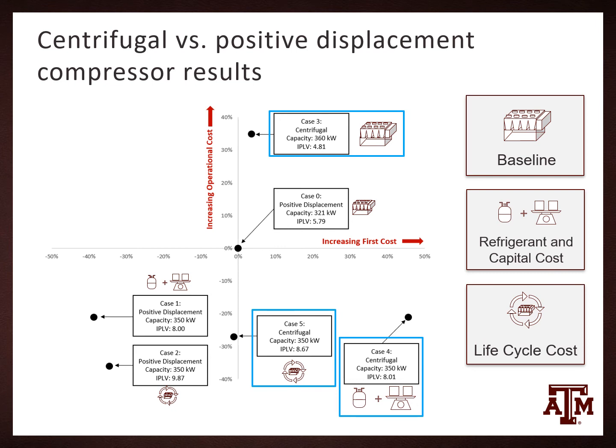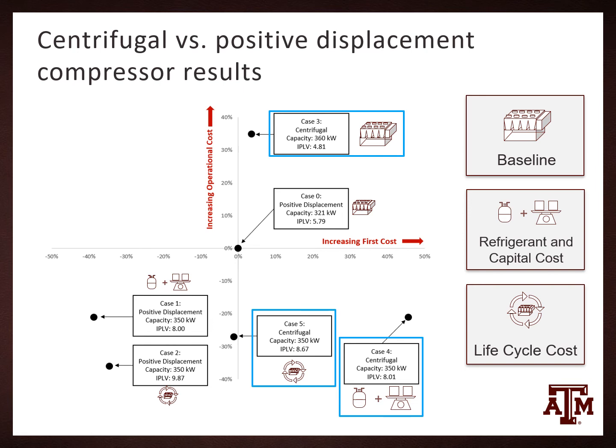Cases with centrifugal compressor were boxed in light blue, and case 3 is the baseline. Baseline case capacity for a chiller with centrifugal compressor is slightly higher than the required 350 kilowatt, and the IPLV is lower than the required 8.00. Case 4 optimizes the heat exchanger geometry while meeting the capacity and the efficiency requirement.